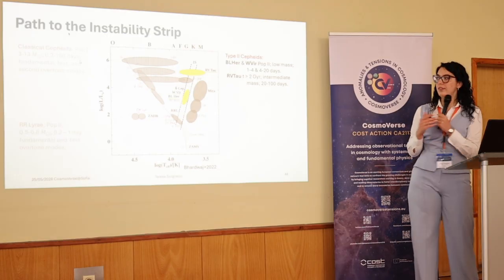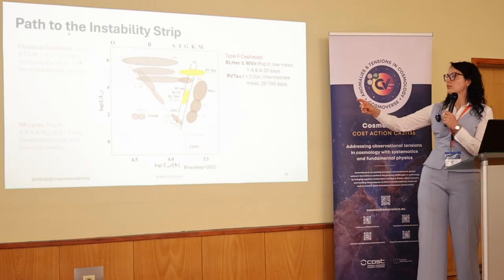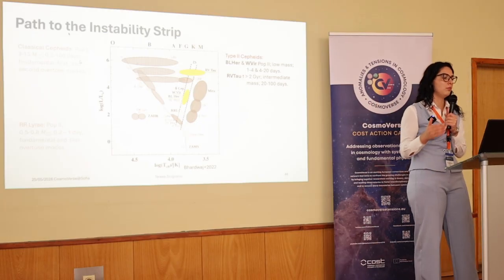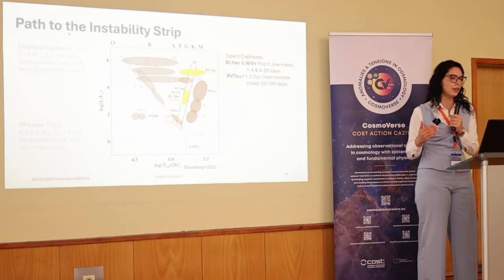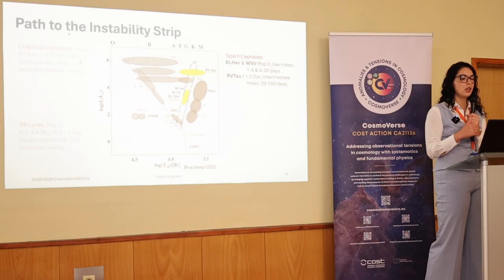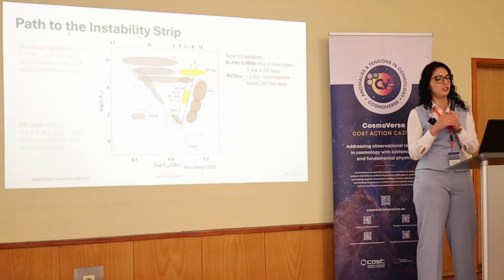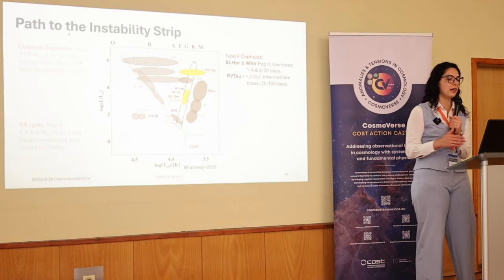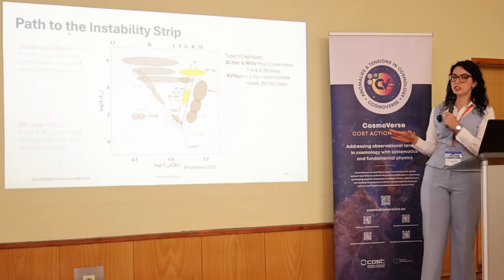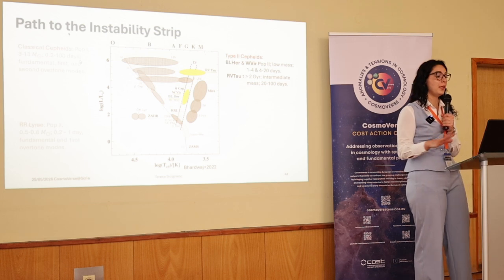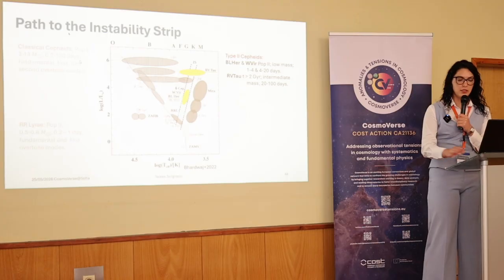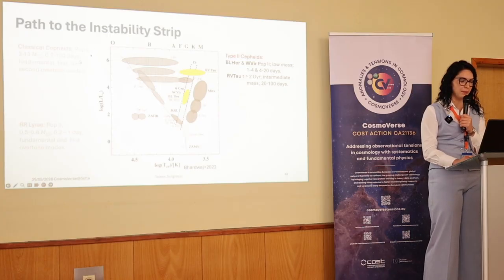Classical Cepheids cross it during the horizontal branch, and they are core helium burning, whereas BL Herculis are moving from the horizontal branch towards the asymptotic giant branch. They are post-horizontal branch, so this means that they are almost finishing burning helium in the center.